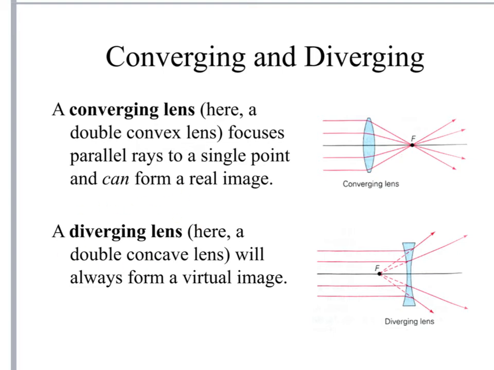Diverging lenses, on the other hand, when the rays are refracted out of the lens, they will diverge, so they're going to spread apart. A diverging lens will always form a virtual image. A converging lens can form a real image, but can also form a virtual image or no image.